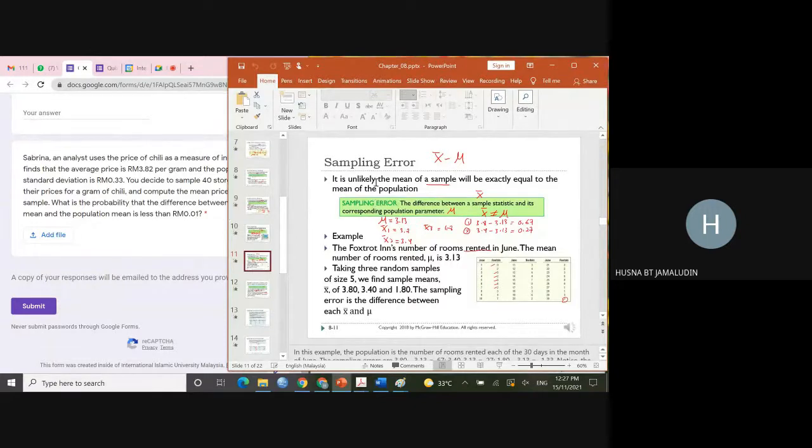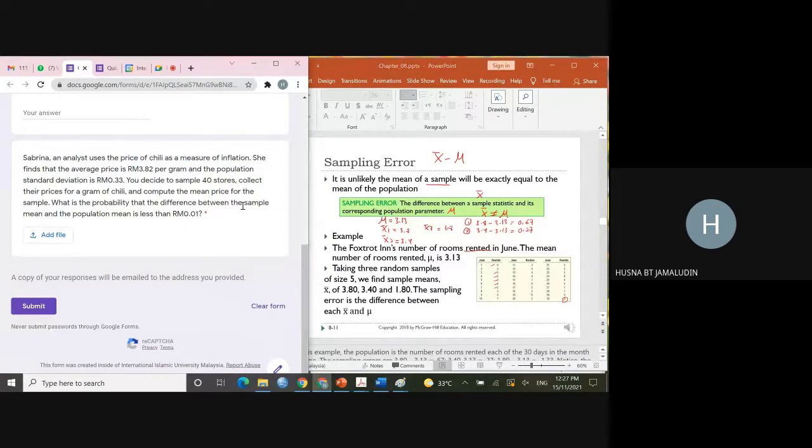So what is sampling error? You are still talking about the same thing, the difference between your x bar and your mu. So they can also ask you in that form. Next time when you see that they ask about sampling error, don't panic. Basically, we are talking about the same thing, difference between sample mean and population mean. Okay, got it?